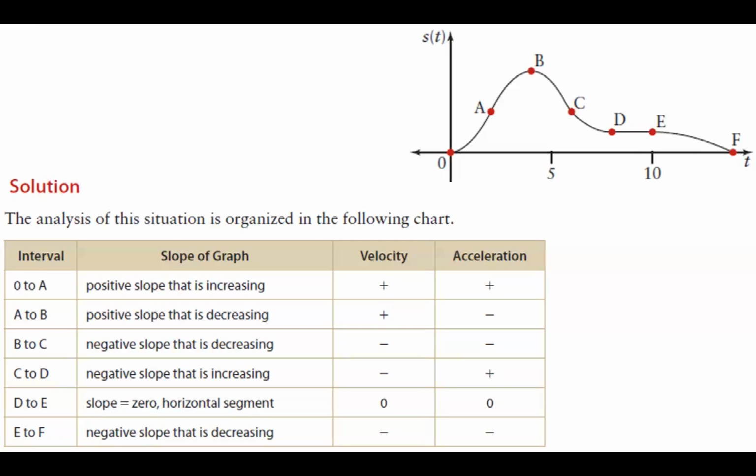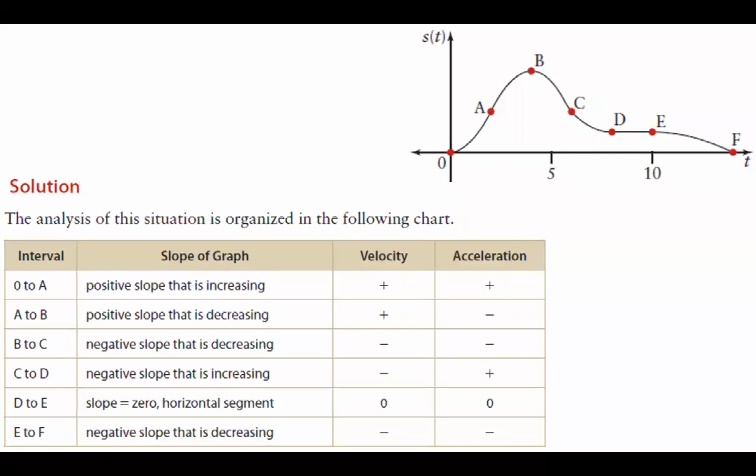From B to C, the slope is negative, and it is decreasing.